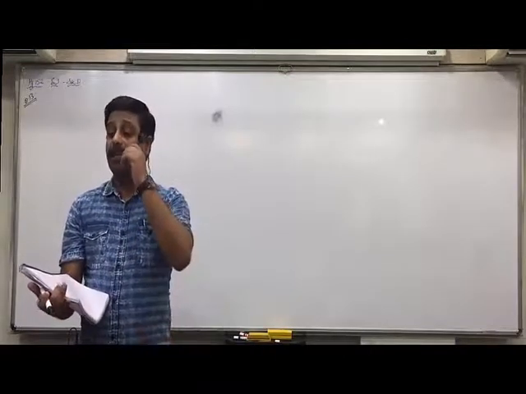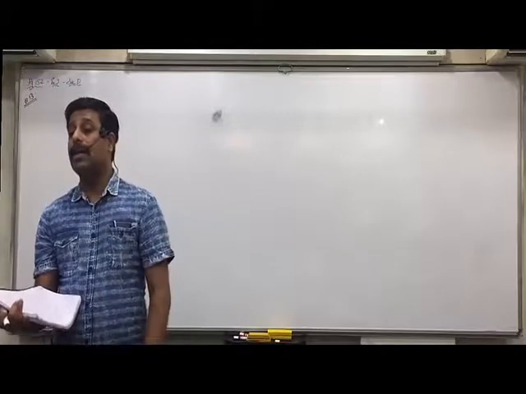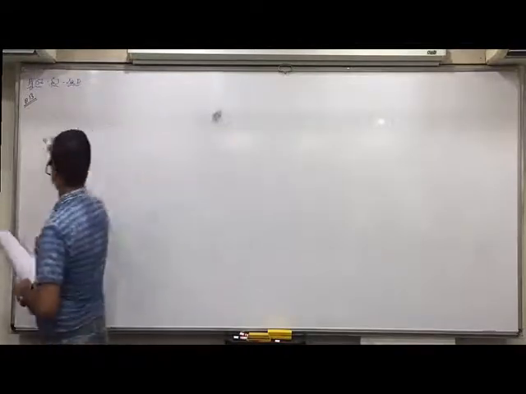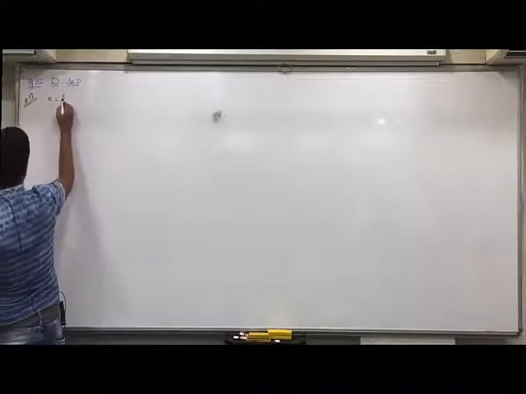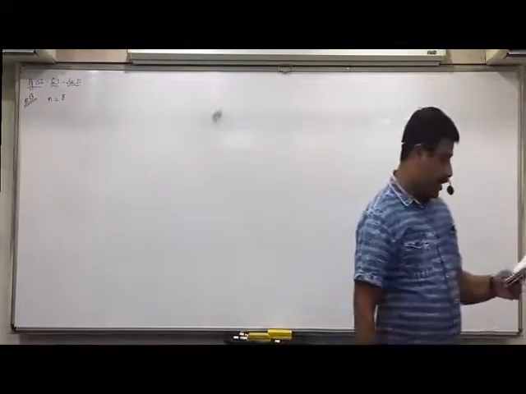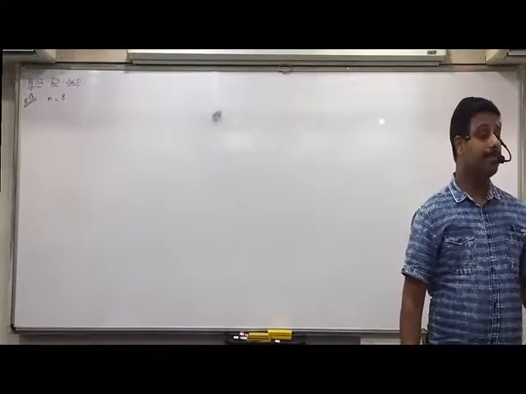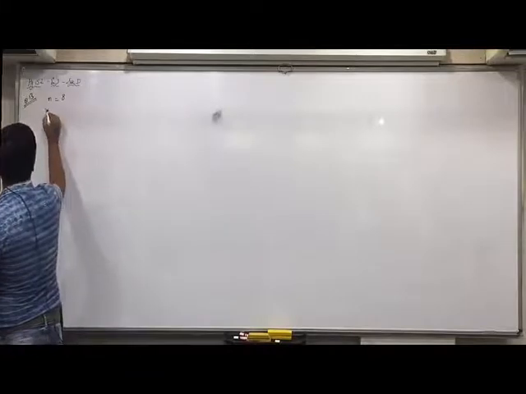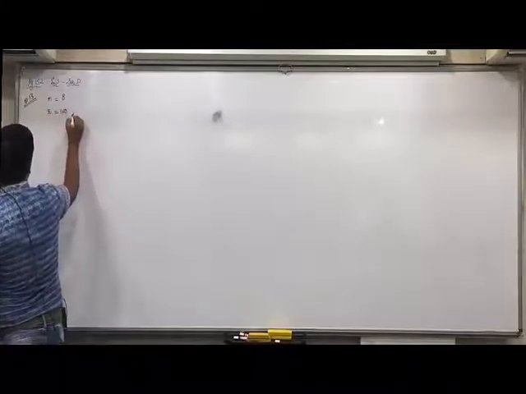Number of observations, what is that? N is equal to 8. Then, mean. x bar is 100 and y bar is also 100.